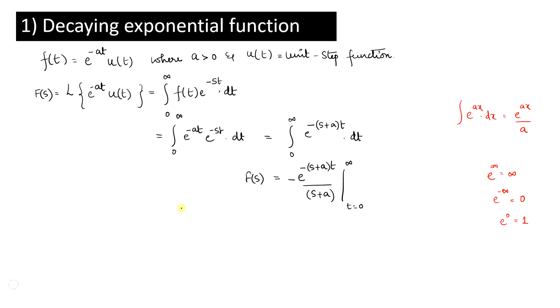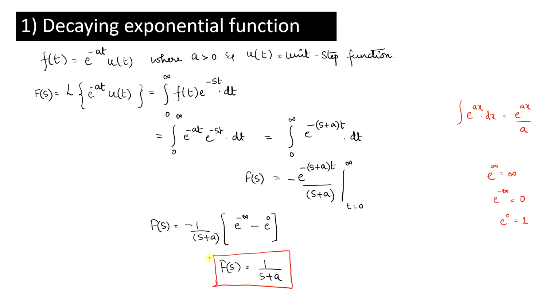I can write this as F of s equal to minus 1 by (s plus a) into (e power minus infinity minus e power 0). So this entire term goes off, because as you can see e power minus infinity is 0 and you have a negative minus 1. So finally I get the expression as F of s equal to 1 divided by s plus a. In a similar manner, we will be computing the Laplace transform of other functional transforms.